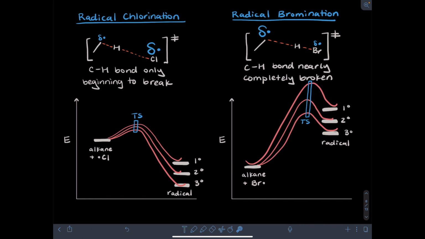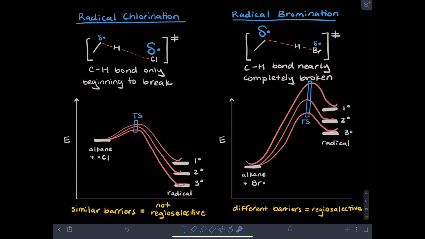Here we would look at the transition states leading to these carbon radicals, and there is a big difference in energy of the transition states leading to those different carbon radicals. The transition state leading to the tertiary carbon radical is the most stable by far, because it puts a large amount of partial radical character on a more substituted carbon at the transition state.